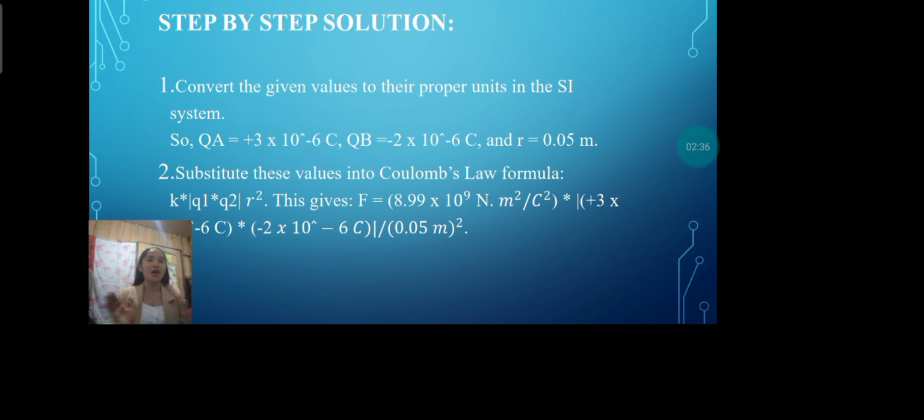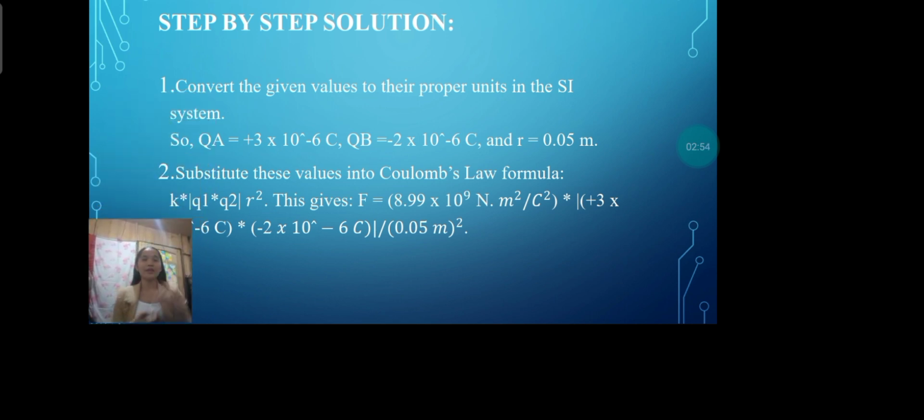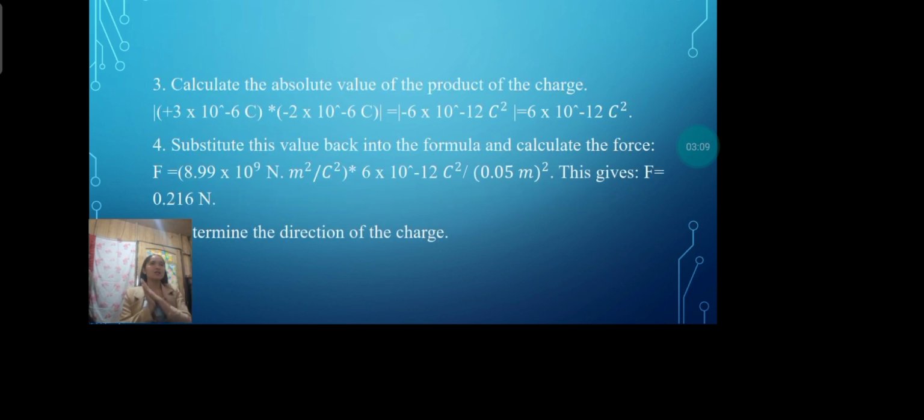So this gives F equals 8.99 times 10 to the power of 9 newton meter squared per coulomb squared, times positive 3 times 10 to the negative 6 C, times negative 2 times 10 to the negative 6 C, over 0.05 meters squared.